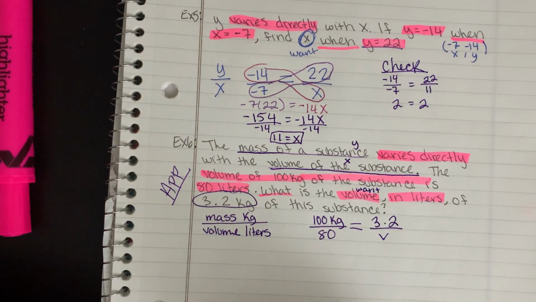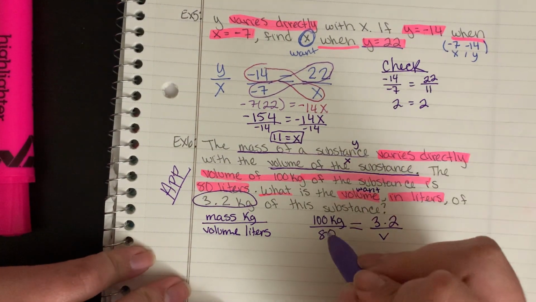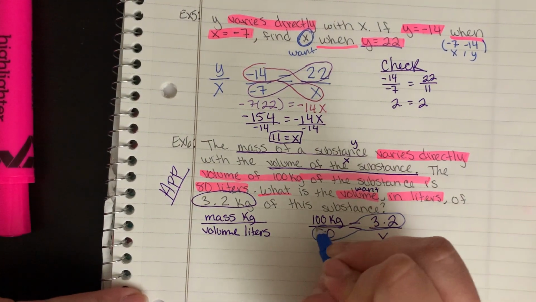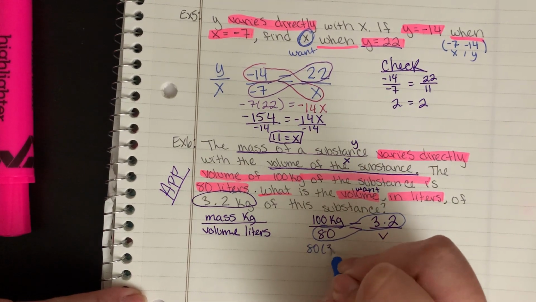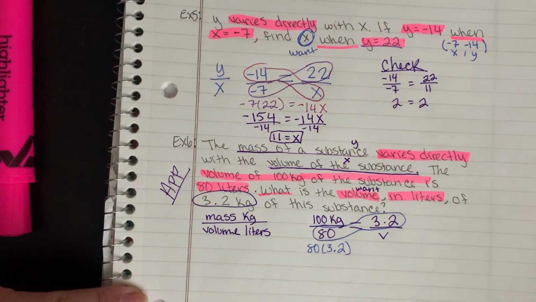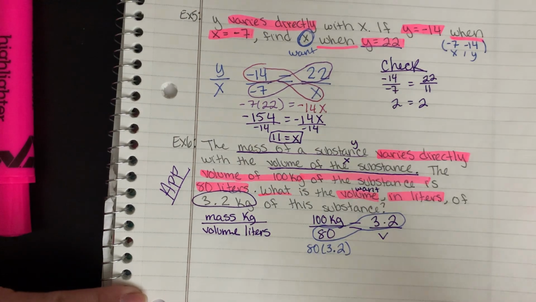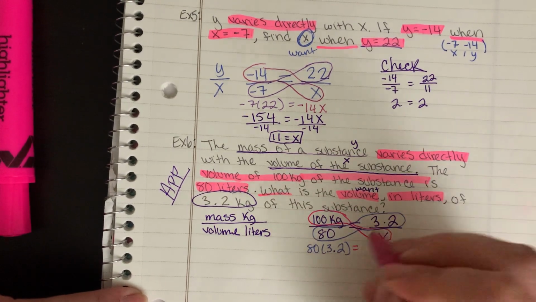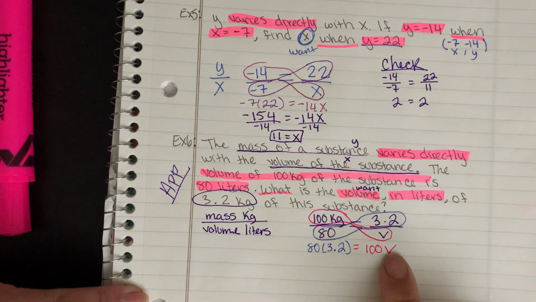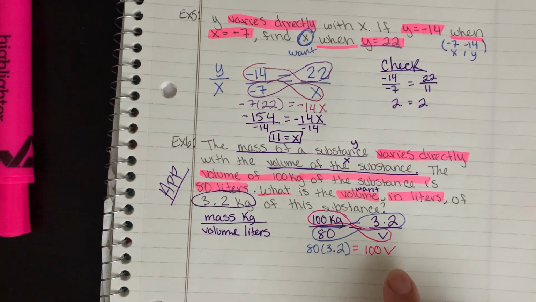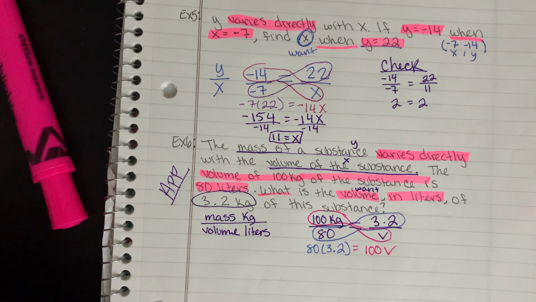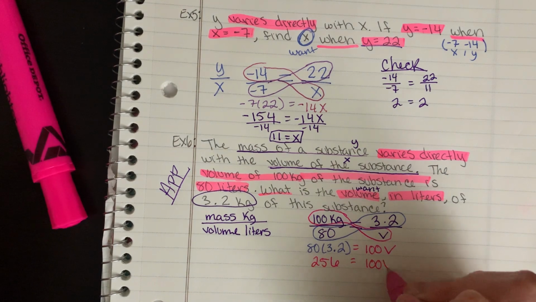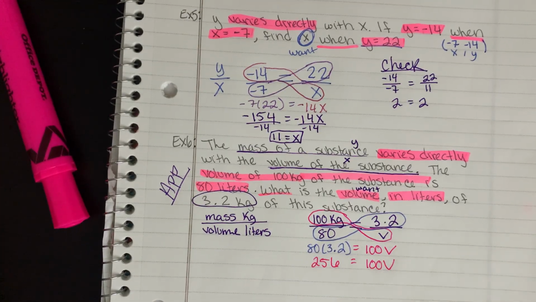Now that we have our proportion set up, we can cross multiply. We have 80 times 3.2 equal to 100 times V, because we're looking for the volume. So 80 times 3.2 is 256, which equals 100 V. How do we isolate this variable?